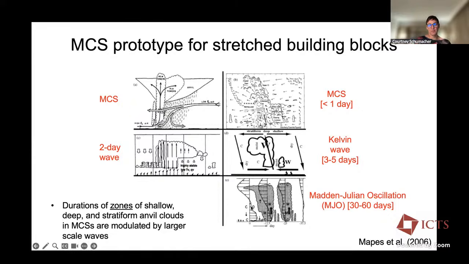Brian Mapes came up with this idea, George Kiladis and others, this idea of stretch building blocks, or that this is a prototype of convective wave interactions. So in that, again, you have to understand the cloud population and how they evolve with their external forcings.